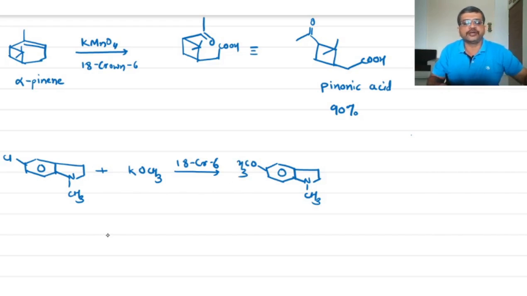So in this way, aromatic substitution reactions can also be carried out very easily.